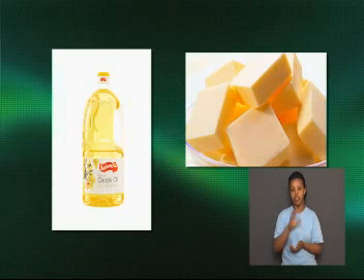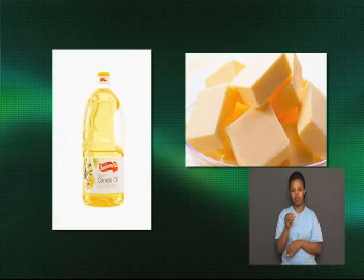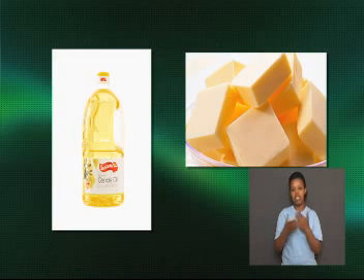Fats and oils are chemically similar, yet at room temperature, fats are solids and oils are liquids. The lipids occurring in animals are more likely to be solid at room temperature than plant lipids.